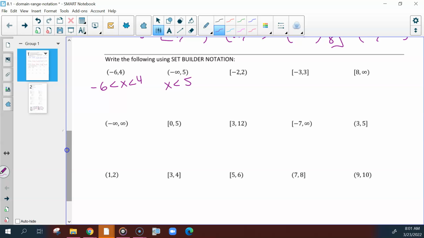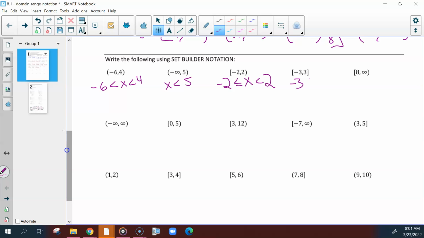-2 to 2 would be written very similar, except one would be equal to and one would not. So -2 is less than or equal to x, which is less than 2. The next one would also be written similarly, but this one would have both equal to's.